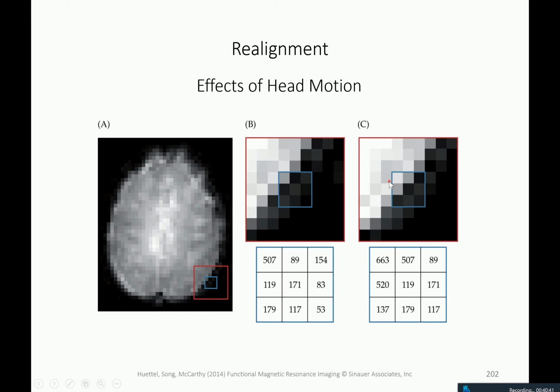And then if you do a little bit of movement in this direction, you see that the data changes quite dramatically. It goes from 119 here to 520. So motion affects the values that you get for your voxels. That's what this slide wants to say.